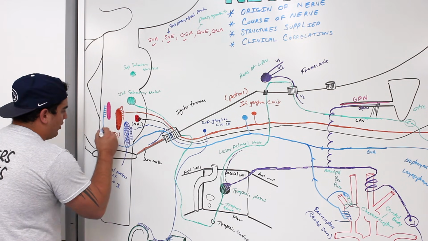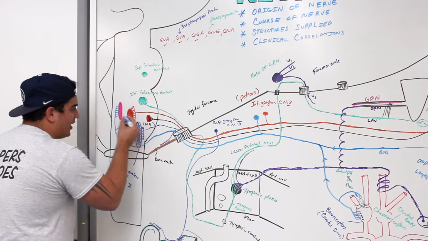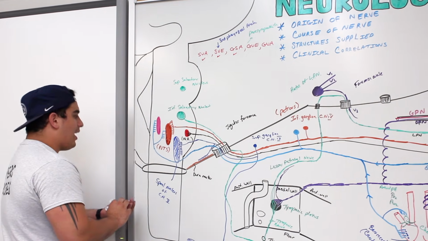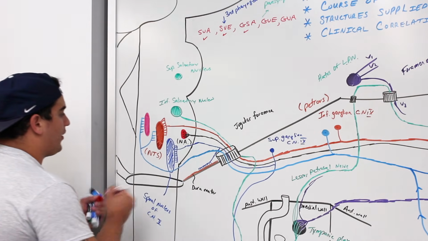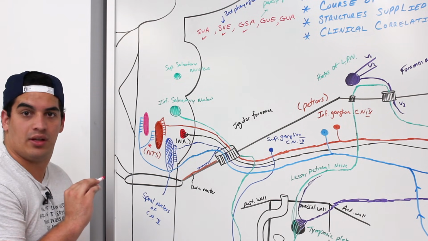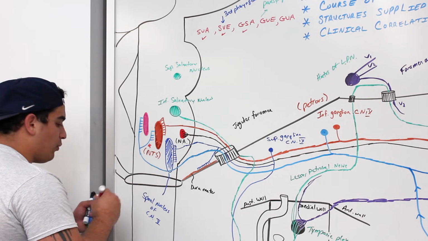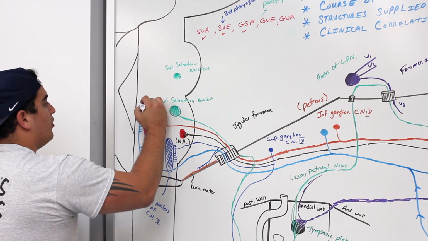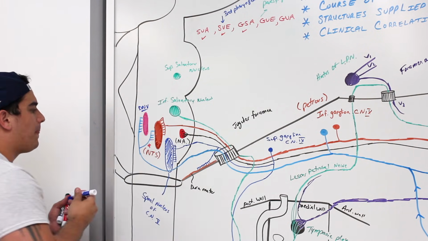Some literature says that it takes it to one area. Other literature says it takes it to two areas, right? For right now, we're going to say that the main one, and we're going to star it, the main one that the books say is the nucleus of tractus solitarius. But some literature will say that it also goes to another structure called the dorsal nucleus of vagus, okay?